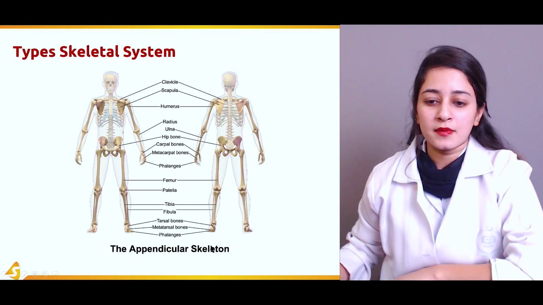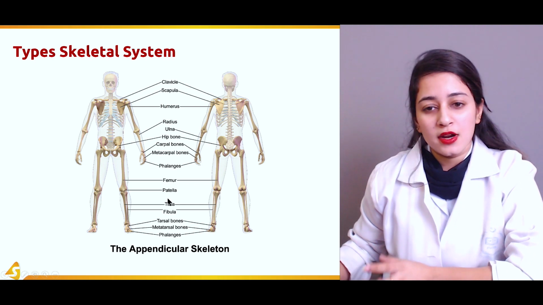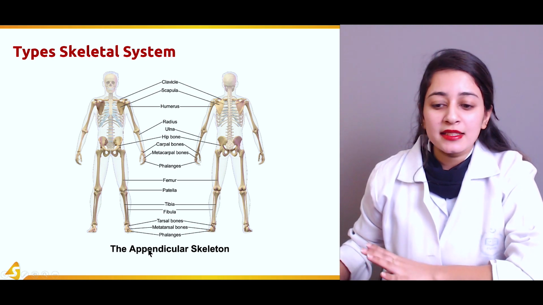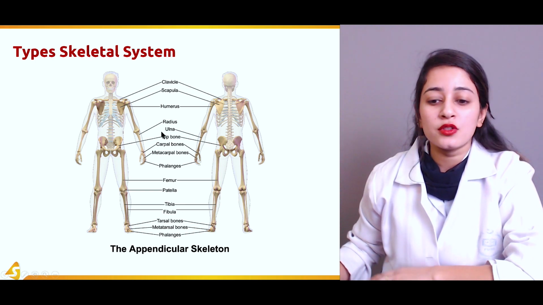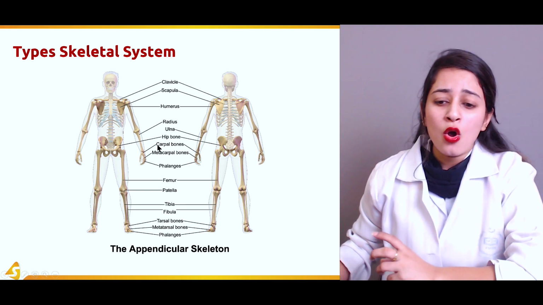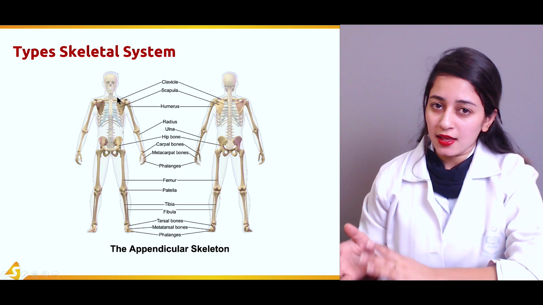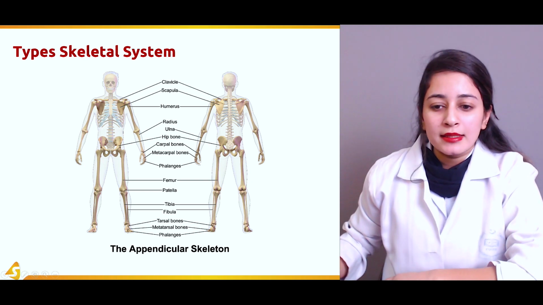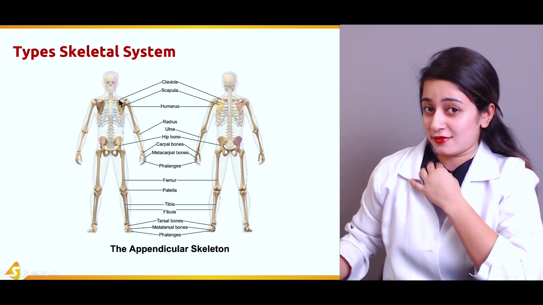Here is the diagrammatic appearance of your skeletal system. So basically this is the appendicular skeleton. We've discussed it before. So there's just a labeling of this appendicular skeleton here. It's from the front side, and this diagram shows the back of the body. Then this is the clavicle bone. This is the beauty bone, you can say.